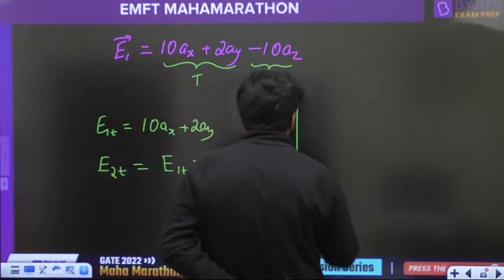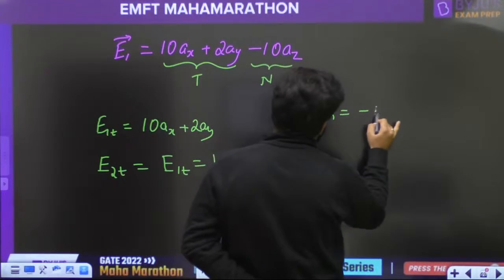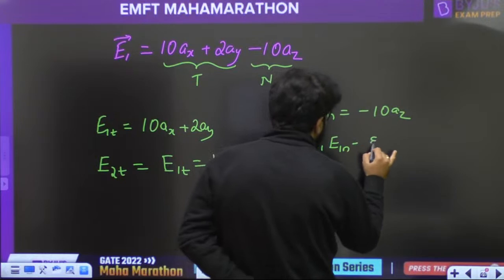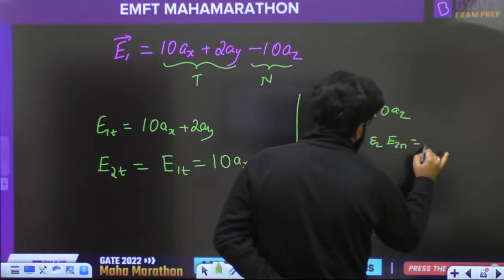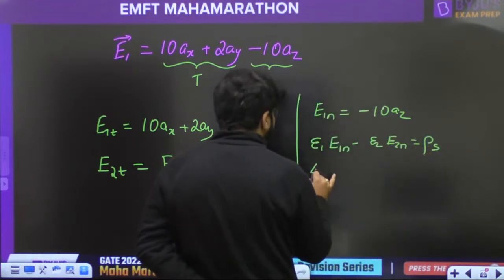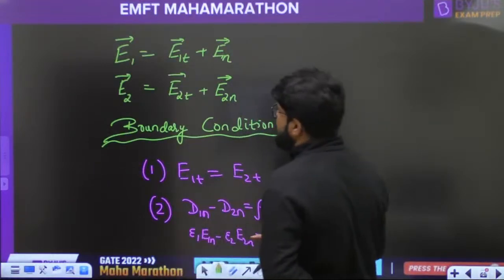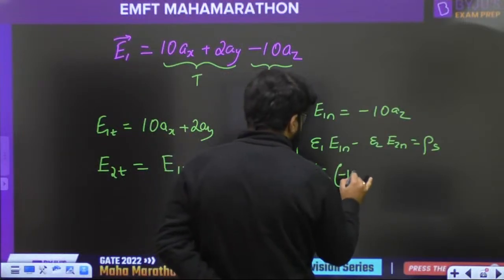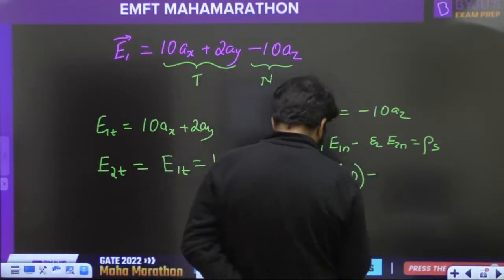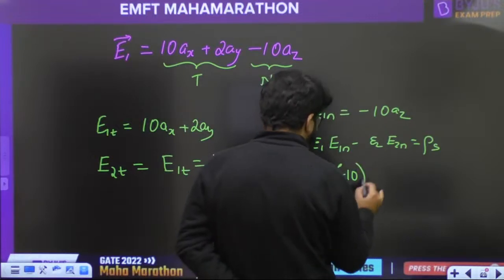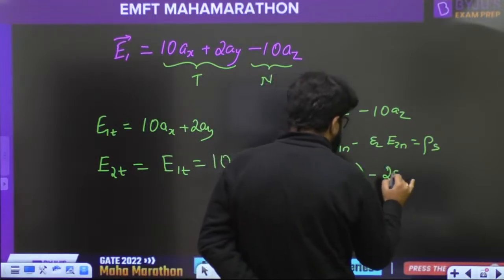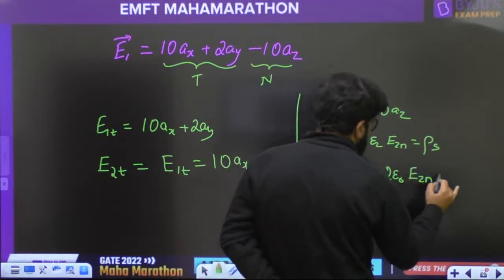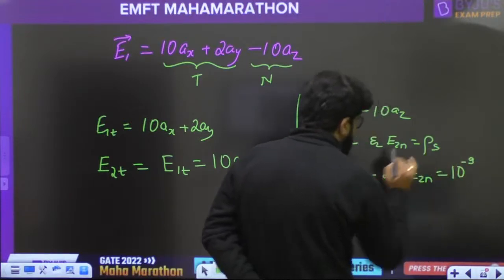Then what is E1N? That is minus 10 az. So use the formula epsilon 1 E1N minus epsilon 2 E2N is equal to rho s. What is epsilon 1? 4 epsilon naught. Epsilon 2 is 2 epsilon naught. So 4 epsilon naught into minus 10, minus 2 epsilon naught E2N, is equal to 10 raised to the power minus 9, that is rho s.